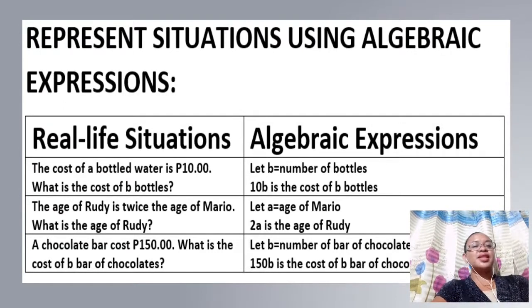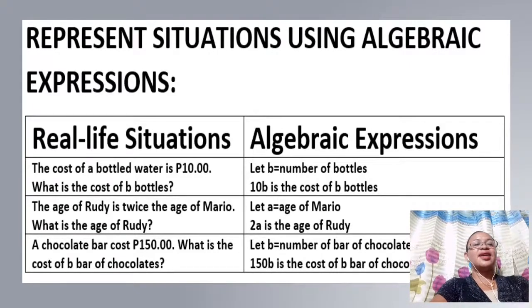That means we can have 10 bottles, 11 bottles. So that's why it's called a variable. And so we let B be the number of bottles. And since each bottle is 10 pesos, for the cost of B bottles, we just multiply 10 by B. So the final algebraic expression is 10B.